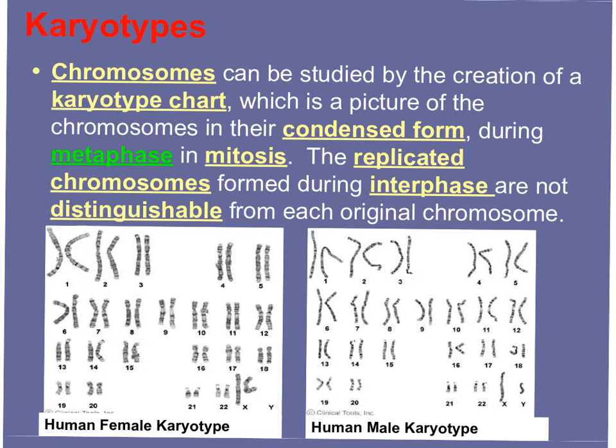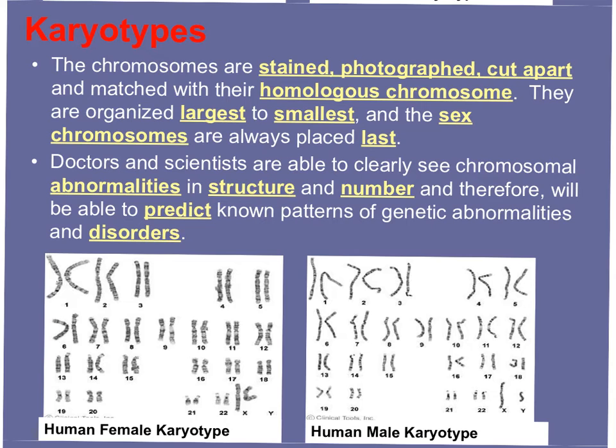But they can condense, and we can take pictures of them during metaphase in mitosis. And so after taking pictures of them, we can sort of organize them, and it can tell us a lot of information. So we have to do a few things to the chromosomes to make sure that they do what we need them to do, basically.